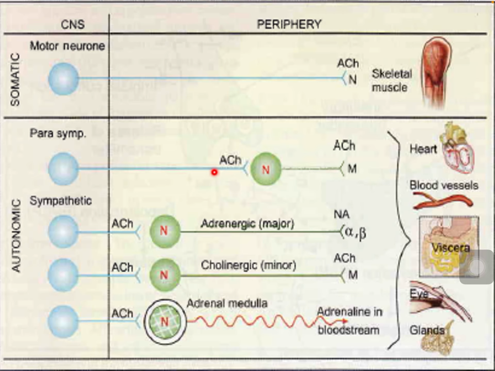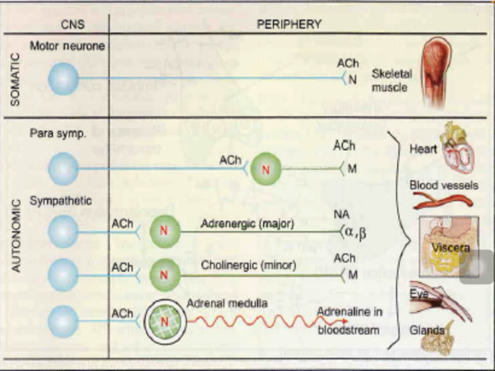These preganglionic fibers at the junction with the ganglia release acetylcholine. Also, the postganglionic fibers, when they synapse with the effector organ, release acetylcholine. So basically, acetylcholine is the one and only neurotransmitter in the whole of the parasympathetic nervous system.